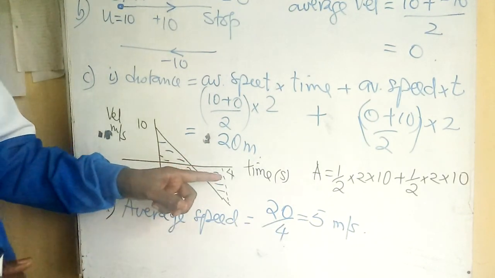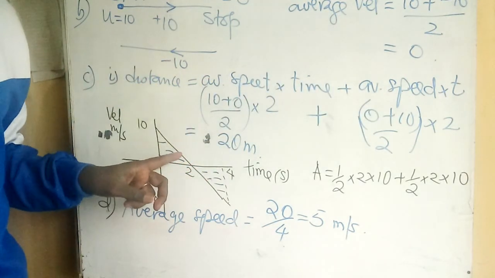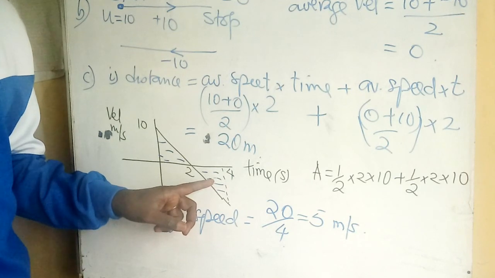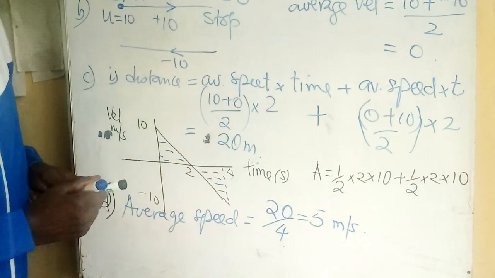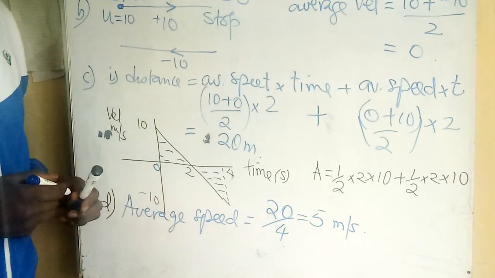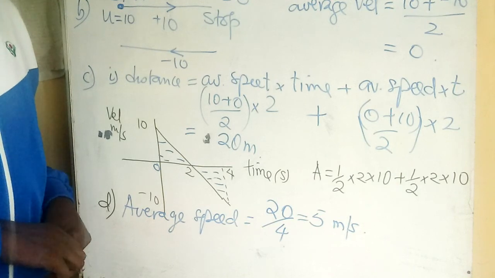Total distance, either using just normal calculation or graphically, is 20. Total time, you can see it is from 0 to 4. So that is the average speed.